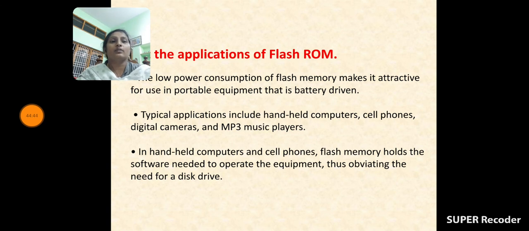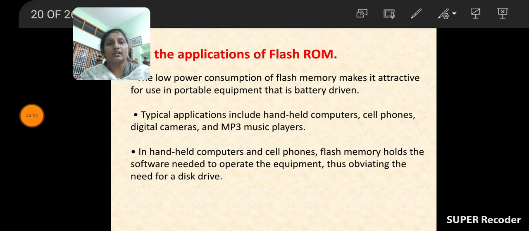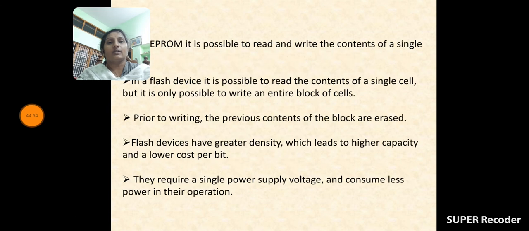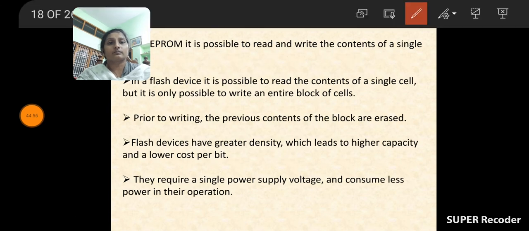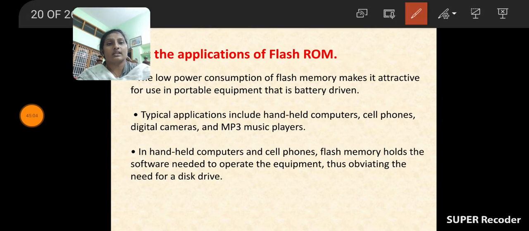And while coming to the applications of flash RAM, this makes it more attractive in portable, means carrying devices. And the typical devices where we are using these are handheld computers like laptops and cell phones, digital cameras, MP3 players, music players.